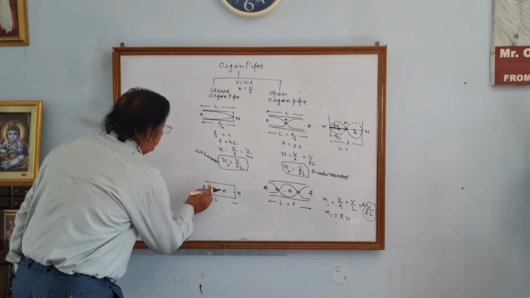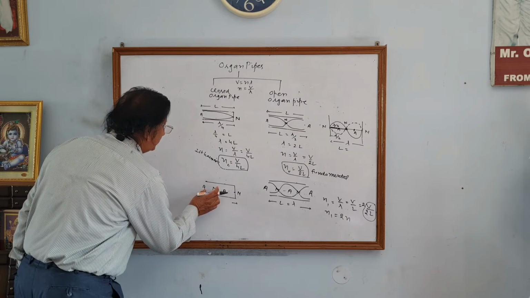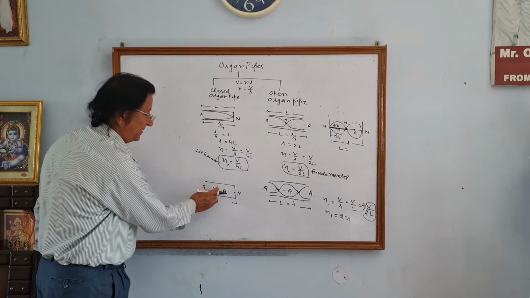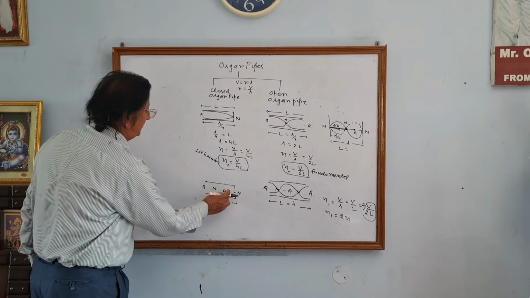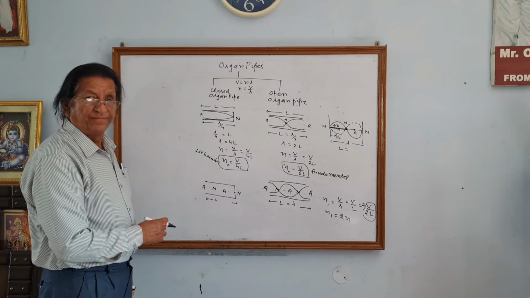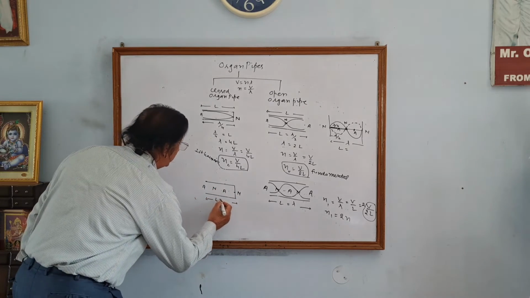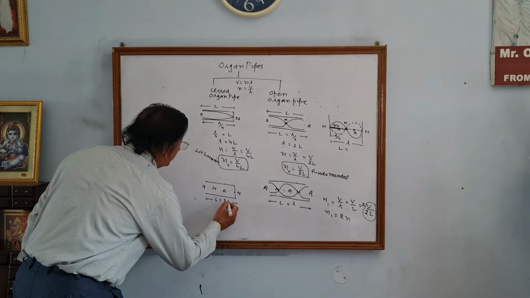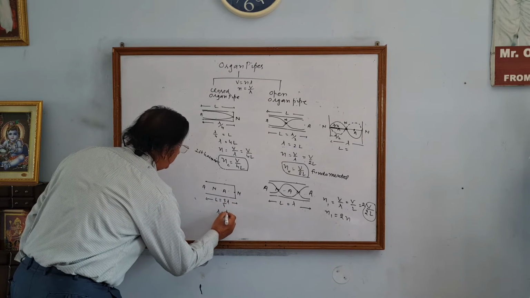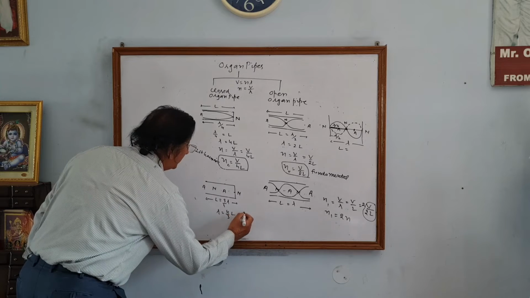So this antinode node separated by lambda by 4. This is also lambda by 4. This is lambda by 4. This is lambda by 4. So here the length will be 3 by 4 lambda, and lambda will be 4 by 3 L.